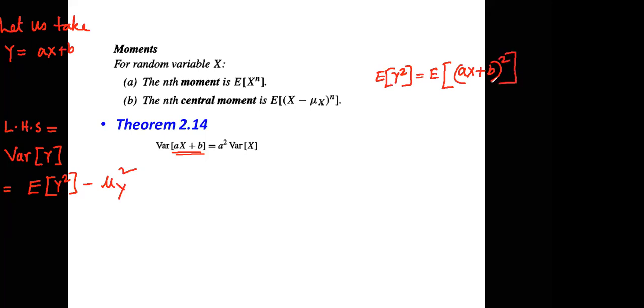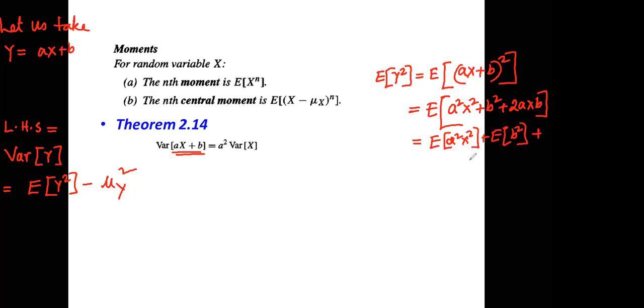If we put it here, we can write a square x square plus b square plus 2axb. And that's it, isn't it? We can write E of a square x square plus expected value of b square plus expected value of 2axb.